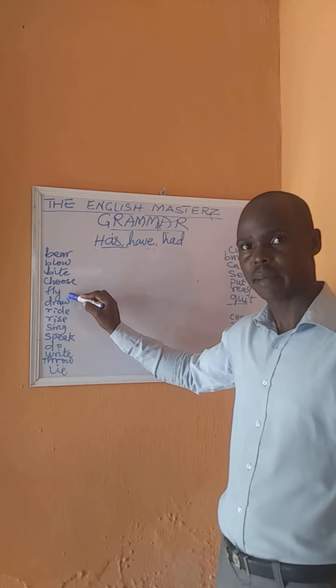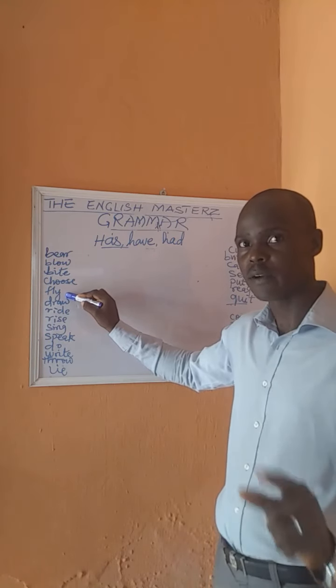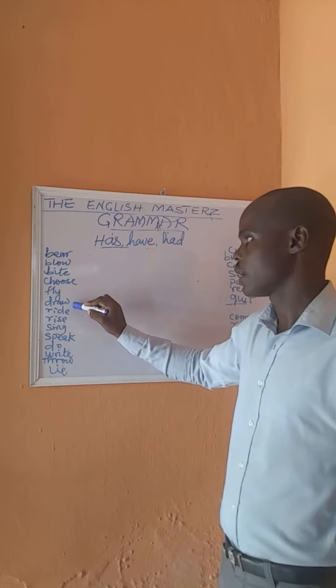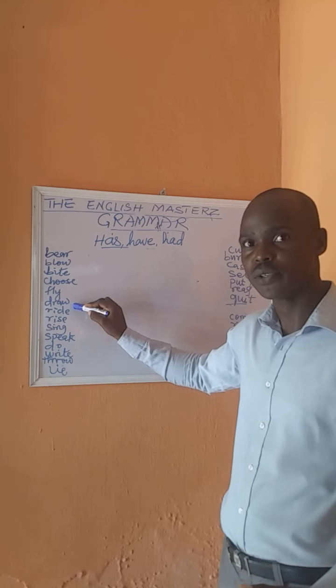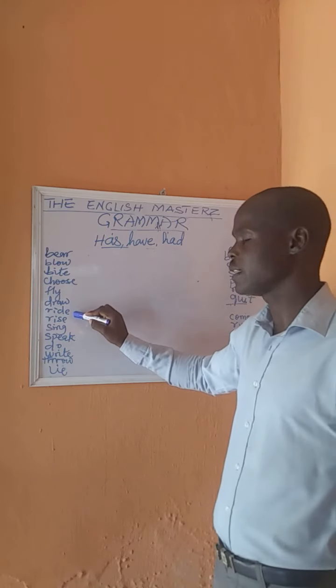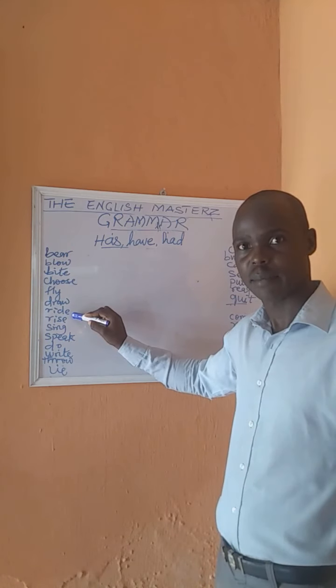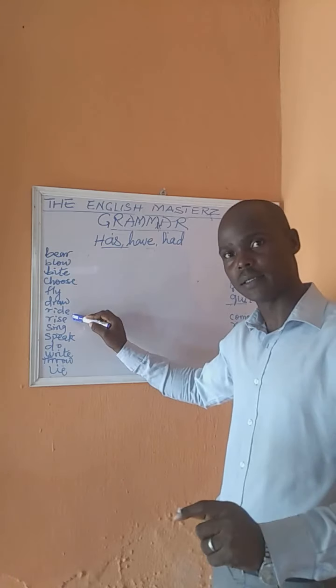Fly. Past tense, flew. Past participle, flown. Another is draw. Past tense, drew. Past participle, drawn. Another is ride. Past tense, rode. Past participle, ridden.